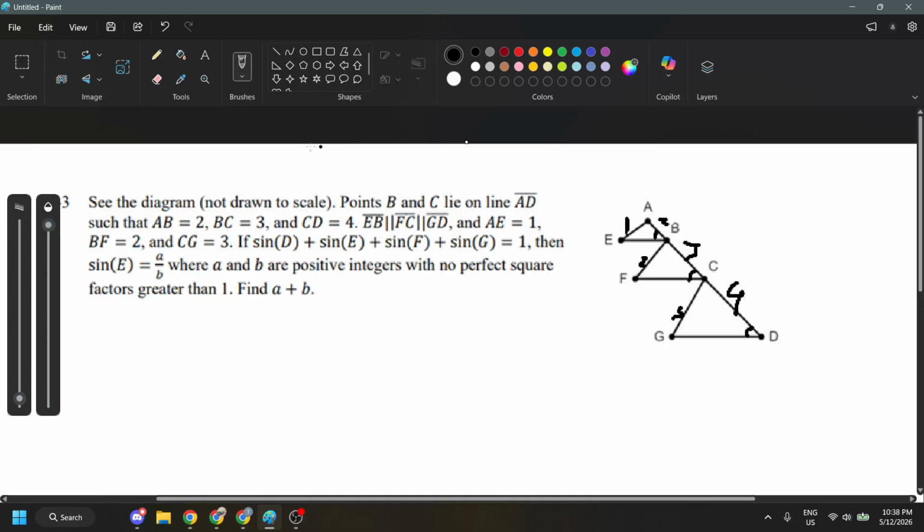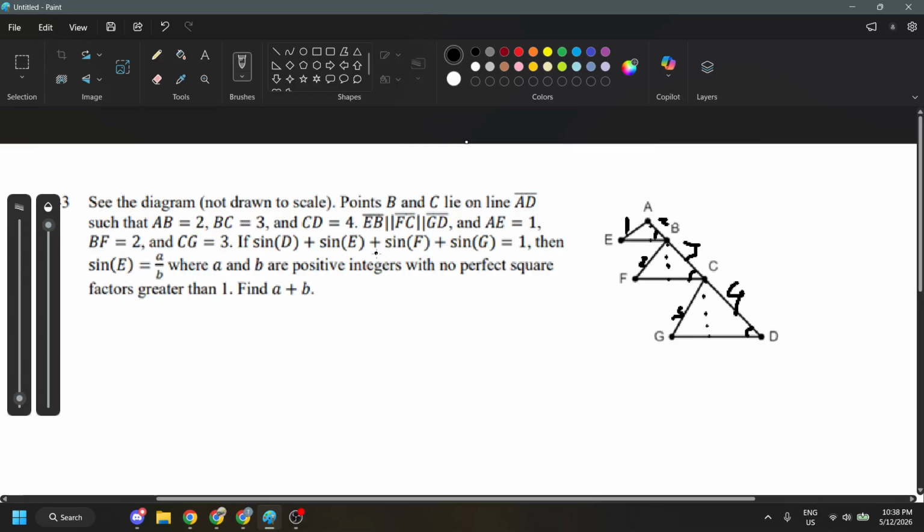So let's write this out in terms of the sides we know. Sine D, oh wait, no, this is the weird sign. Never mind. We'd need the height of this, the height of this, the height of this.